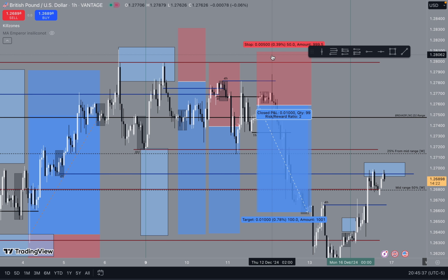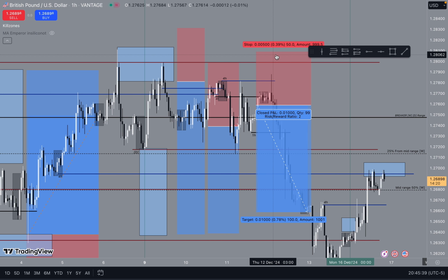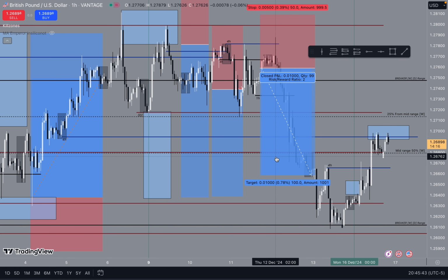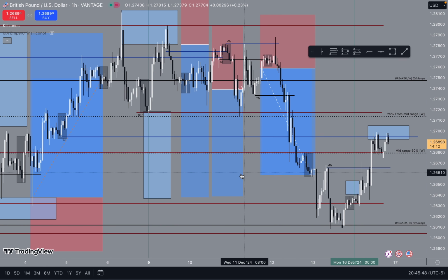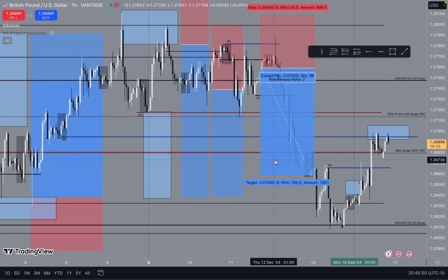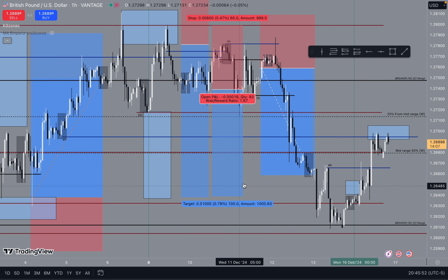So I just put a 50 pips stop loss, and then 100 pips take profit, both entries 100 pips. Why did I not copy this take profit area?